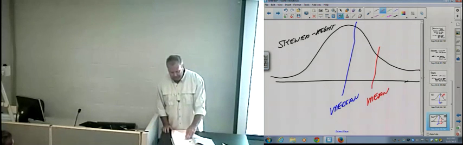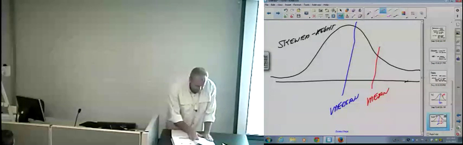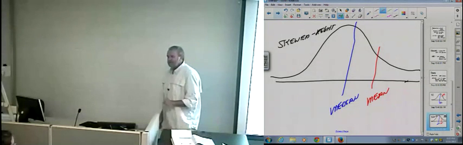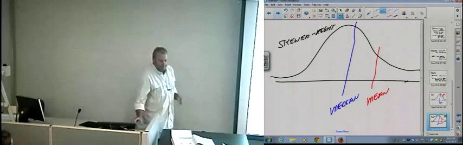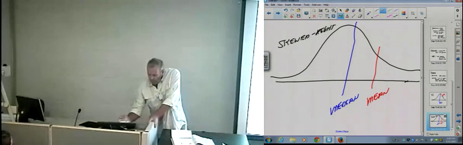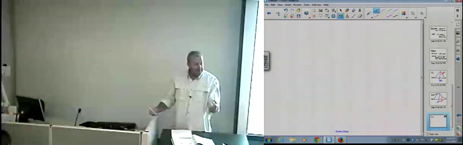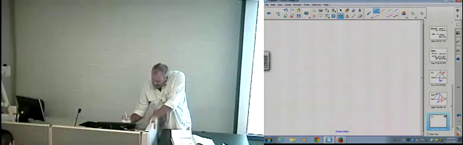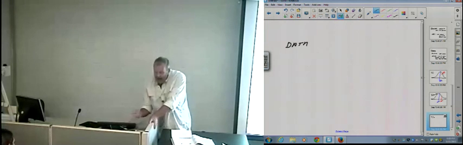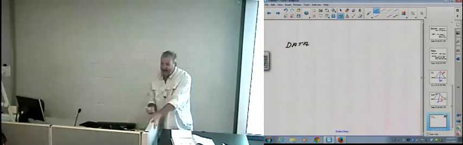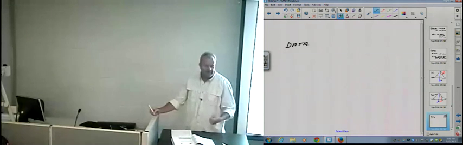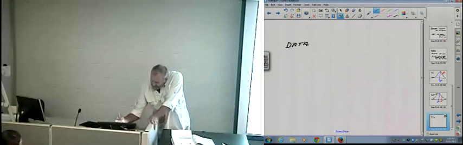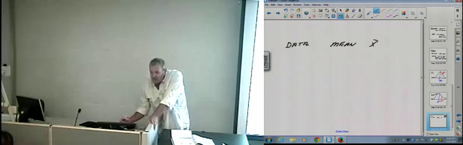Now, one more thing before we get to the title of the chapter, the normal distributions. When we are talking about data, does everybody understand what I mean? I'm back to chapters 1 and 2, and I have the data in hand, and I'm looking at a histogram, right? I got all the individuals, I got the values of the variable for them. Anytime we had the mean, we used x bar. Remember, that was our notation.